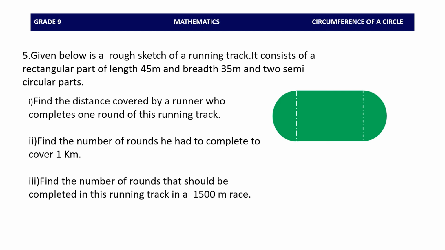The second part, find the number of rounds he had to complete to cover 1 kilometer. Third part, find the number of rounds that should be completed in this running track in a 1500 meters race. If you want further exercises, you can go through exercise 18.3 in your textbook.